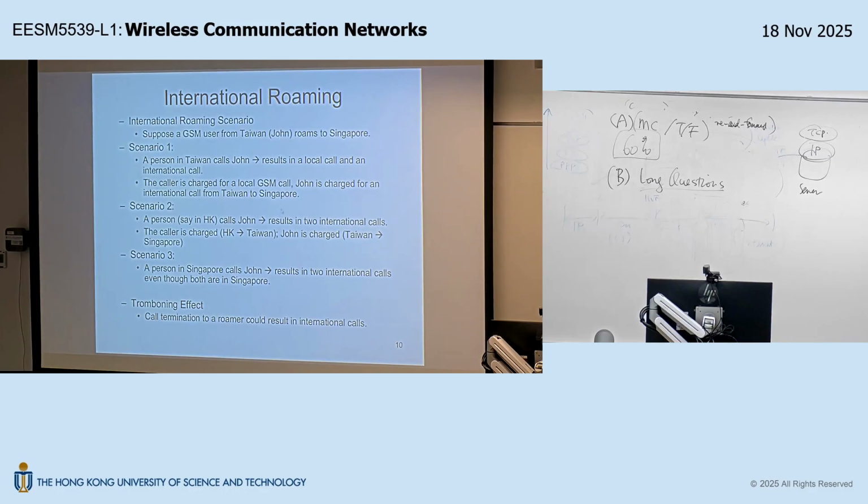It's not a problem. Now the troublesome scenario is scenario number three. Let's say a person in Singapore calls John's number. In a naive way, if you do not do anything about this, due to the constraint of SS7, which I'm going to explain, a person in Singapore calling John's Taiwan number will result in two unnecessary international segments: from Singapore to Taiwan and from Taiwan back to Singapore.